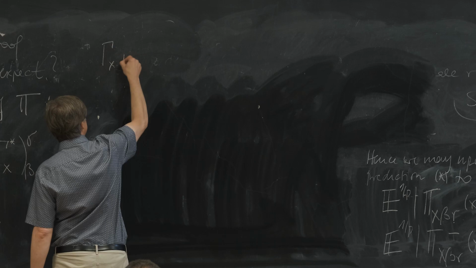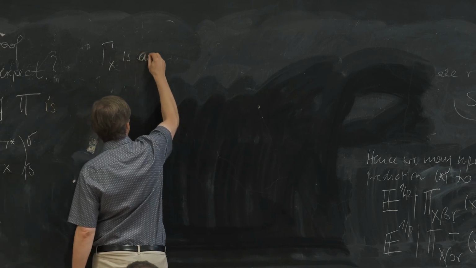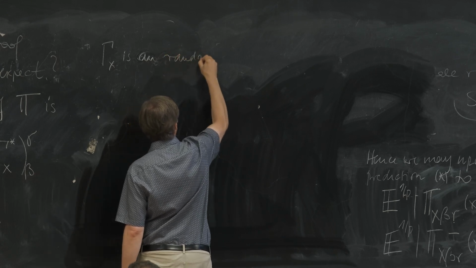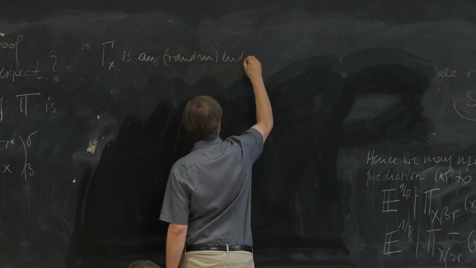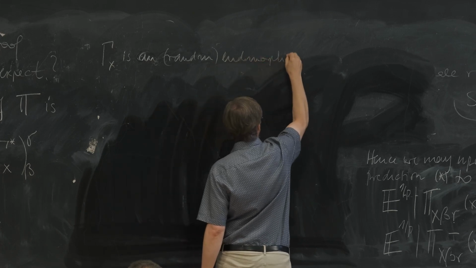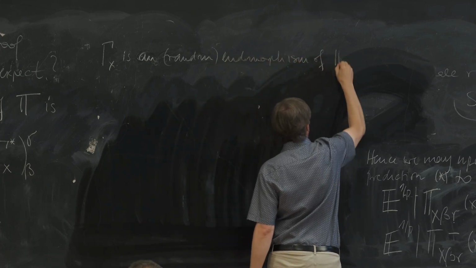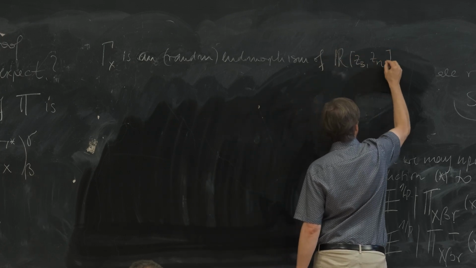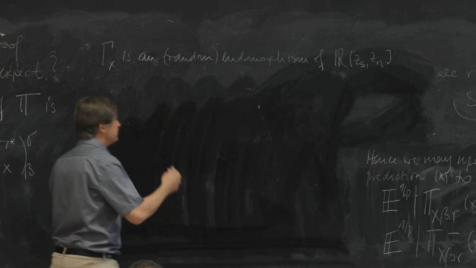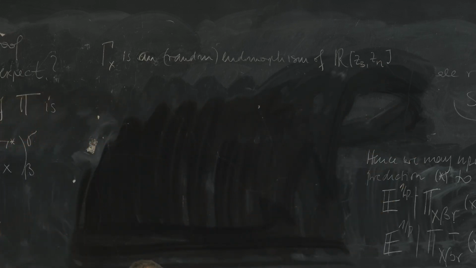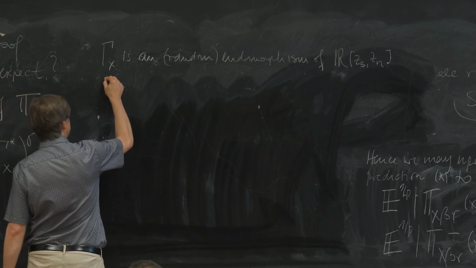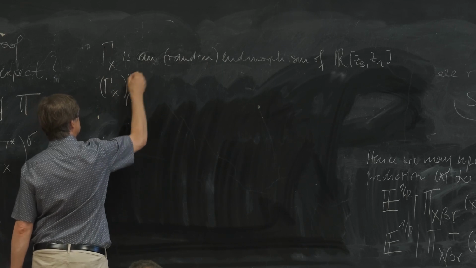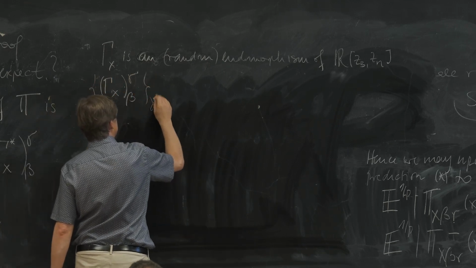So gamma x is an endomorphism, in fact, a random endomorphism of the pre-dual of our formal power series space, which is the polynomial space. And as such, we know that it has a matrix representation. And the matrix representation is what this is.